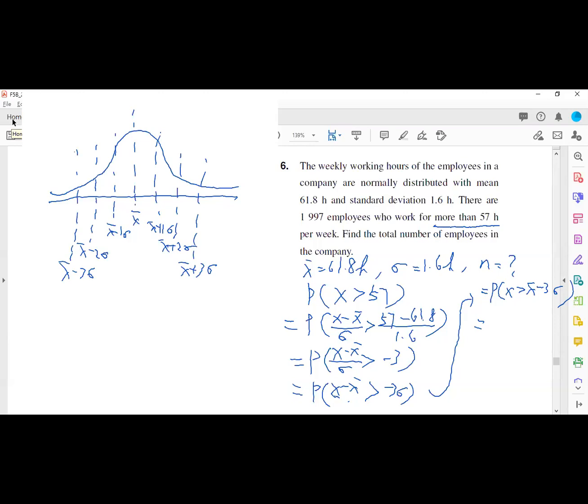Because the percentage is about X larger than X bar minus 3 sigma. So the red line, there's only one boundary line, okay? Now I want X to be larger than this number. X larger than this number means the red part should be on the right side of this red line. It's everything because there is no upper limit.